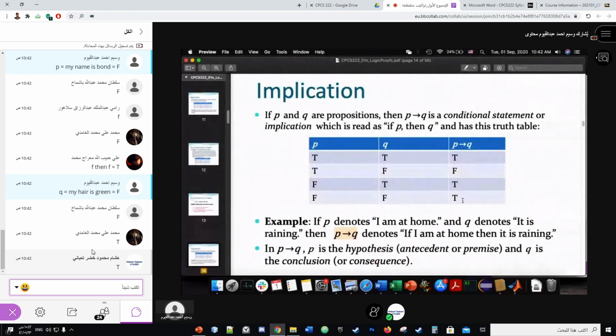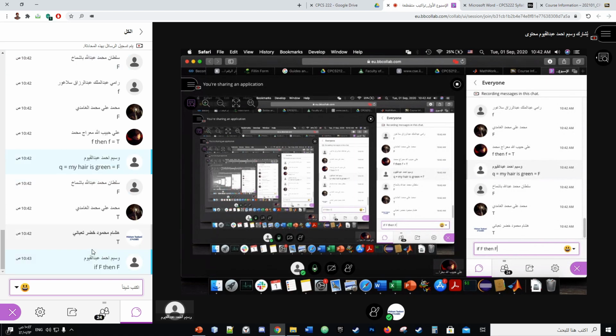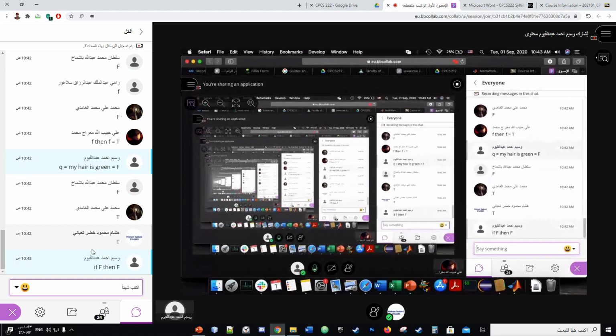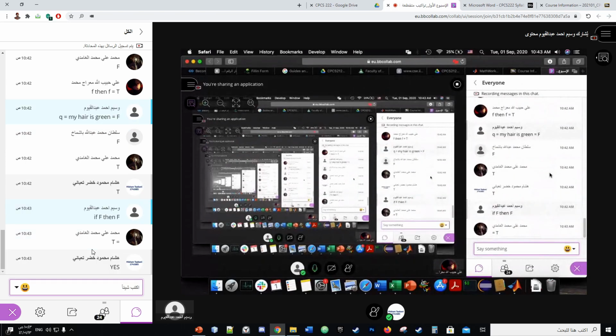It just doesn't make sense. But from the discrete structures course point of view, we don't try to understand it from the English perspective. So it says if false, then false. False implies false is true. So the statement is true. Is that clear? Making sense?